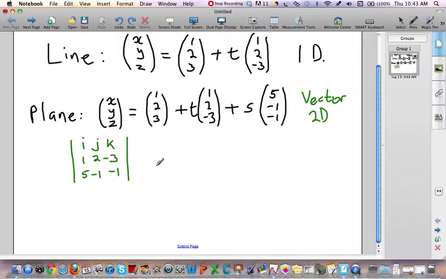Okay, and if we evaluate the cross product of those two, I'm just going to use multiplying down and adding, and then multiplying up and subtracting.